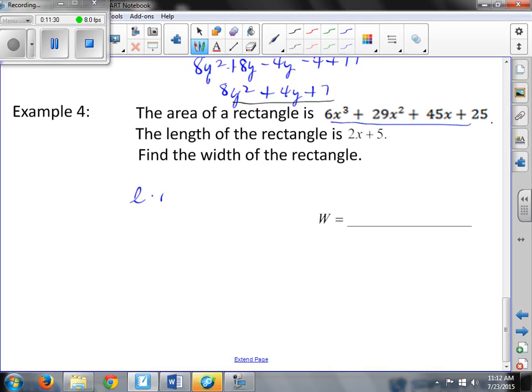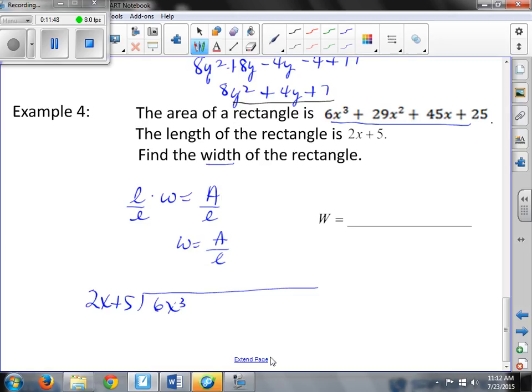So I know that length times width is equal to area, so if I'm looking for the width, I'll divide by the length. Width is equal to the area divided by the length. Or I'll have the length, which is 2x plus 5, divided into 6x cubed plus 29x squared plus 45x plus 25.